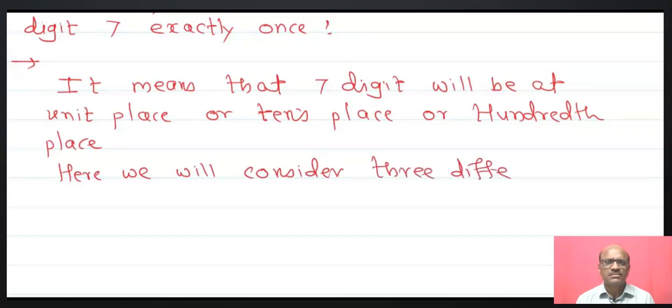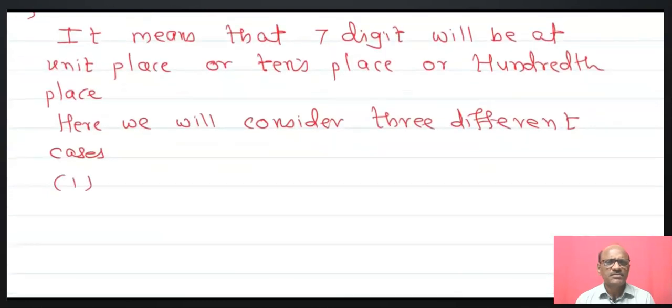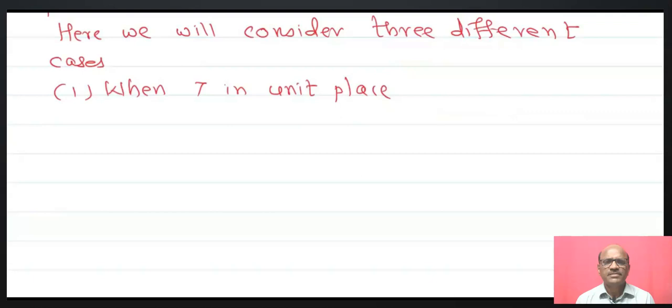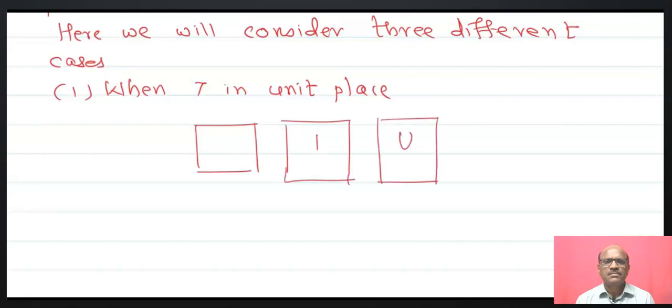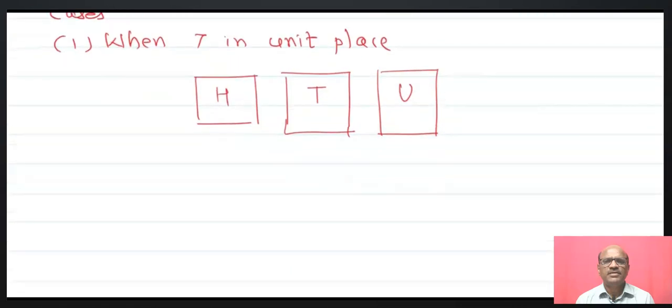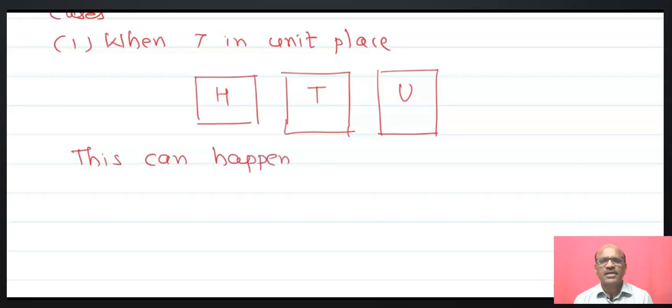Here we will consider 3 different cases. First, when 7 is in unit place. That is unit, 10 and 100. This can happen only once. Therefore, m is equal to 1.